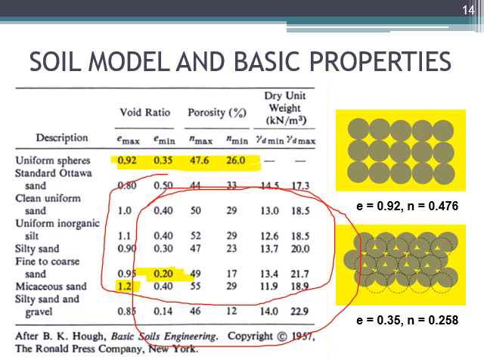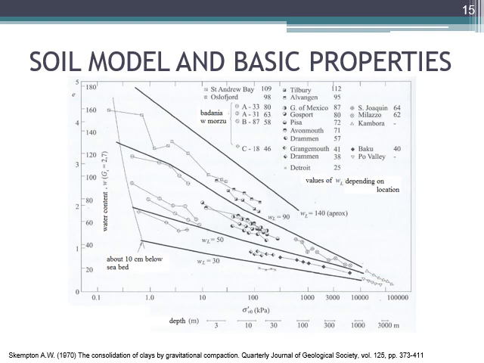But this is for sands, so for non-cohesive soils. Now, how does it look for clays? Well, here you can look at this graph from the article by Skempton. What do we see here? On the horizontal axis, we have the effective vertical stress, which corresponds to the depth from which the sample was extracted.